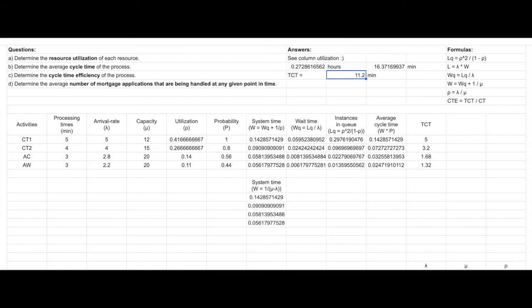Let me do the following. I will put this here, and I will leave here the CTE, our answer for this question.